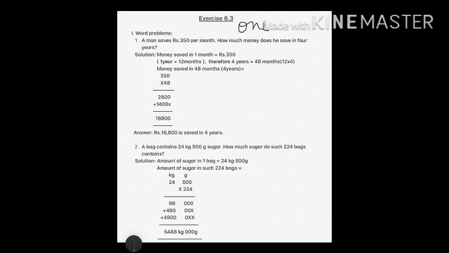Value of 1 you have, and from there you have to find out the value of many, then you have to do multiplication in that case.